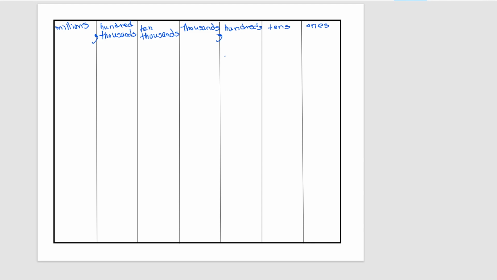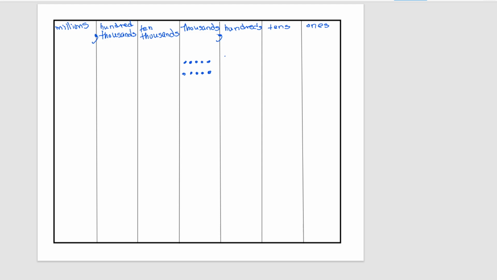Now we're going to put 2 groups of 5,000s, I'm sorry. And it helps when we use our place value chart that we group into groups of 5 and then 2 groups of 5 being 10. It's easier to count them if we do that. So we have 2 groups of 5,000.